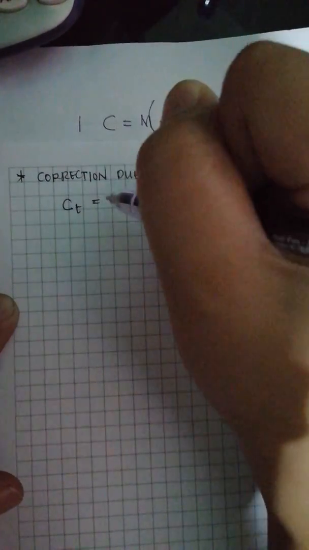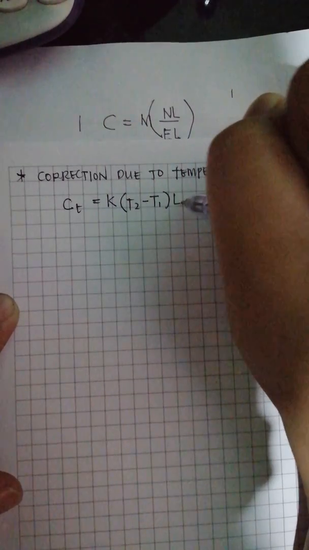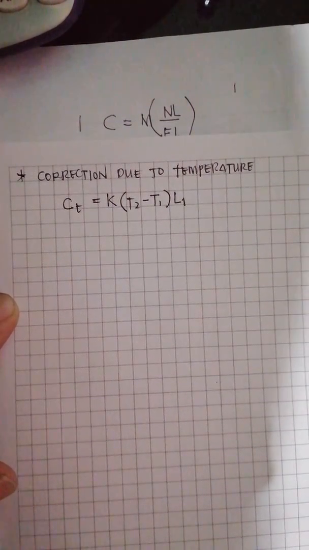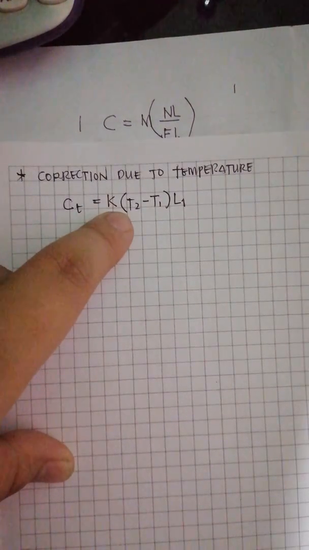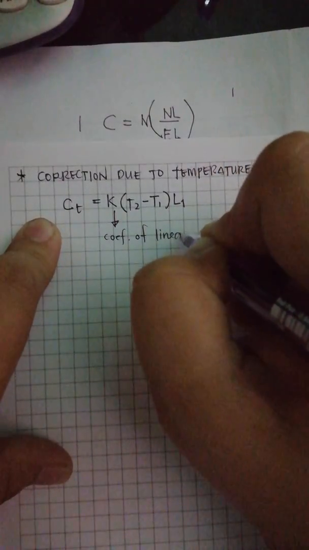CT equals K times (T2 minus T1) times L1. So what is CT? This is the correction that you will apply due to temperature. K is what you call the coefficient of linear expansion.